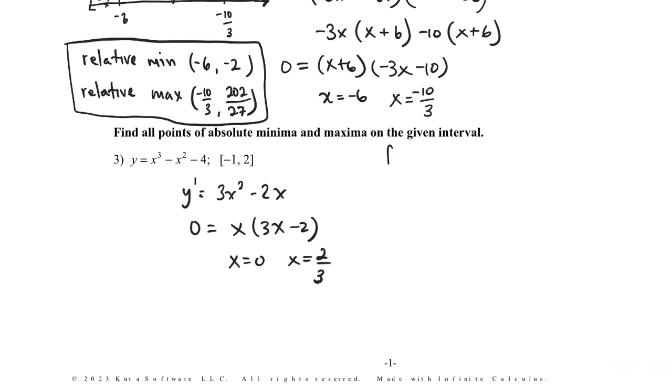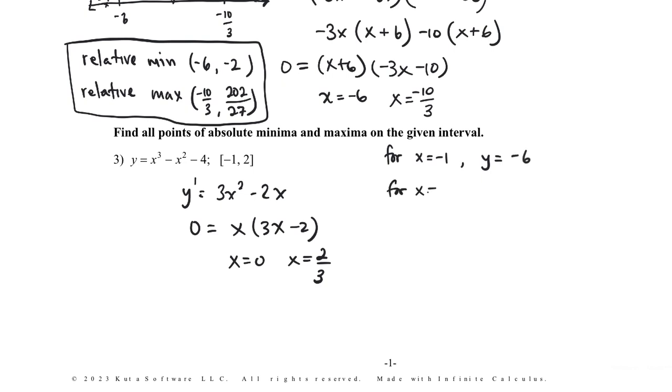So for x equals negative 1, we have negative 1 cubed, that's negative 1. Negative 1 squared is 1, so we have negative 1 minus 1, that's negative 2. Negative 2 minus 4 is negative 6.